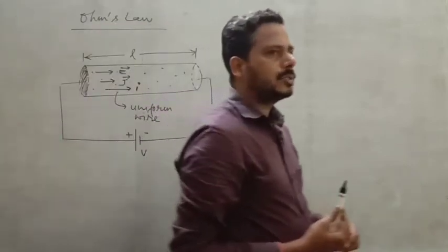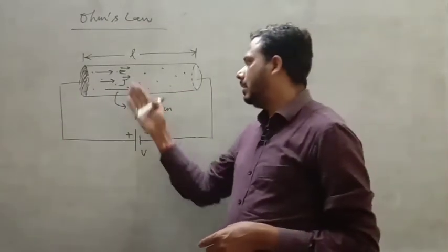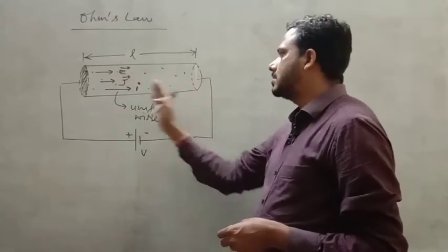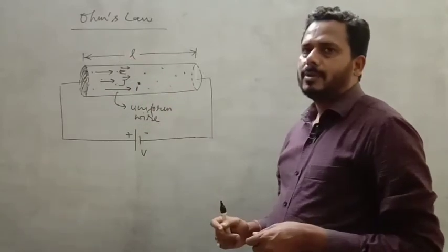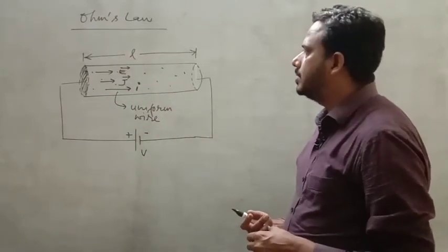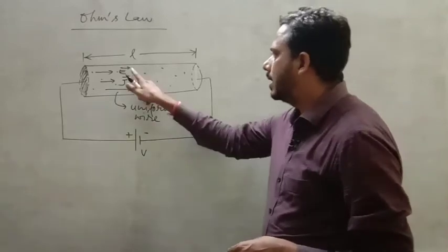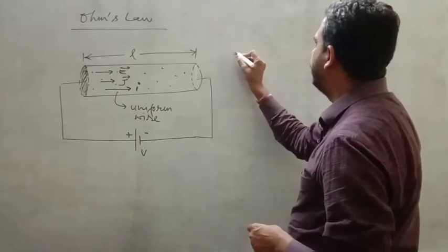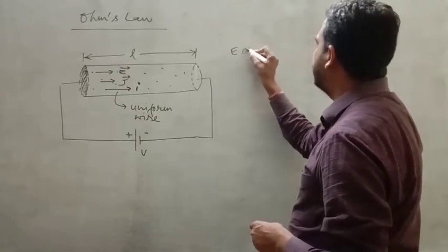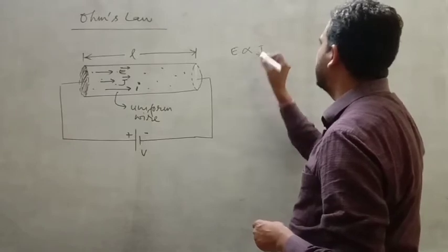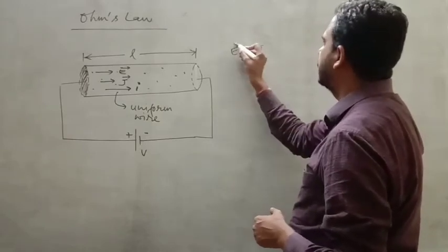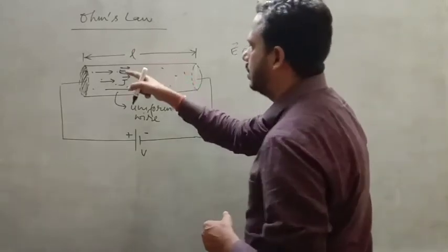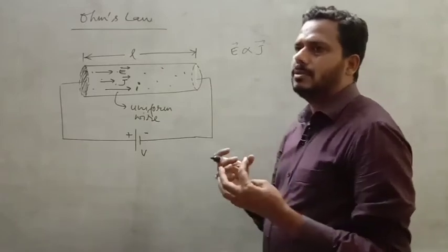Okay, so if the electric field be E, the potential be V, and the length of this part of the conductor be L, so we know that there is a relation between this electric field and this current density, that the electric field is directly proportional to the current density. Alright, and we know according to Ohm's law, actually Ohm's law, it is very difficult to understand.